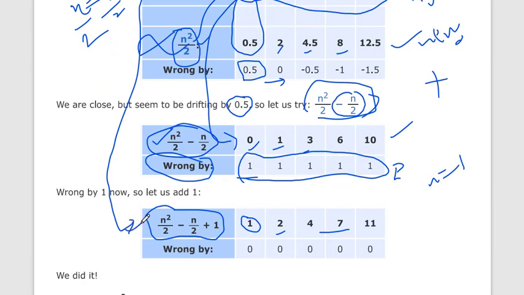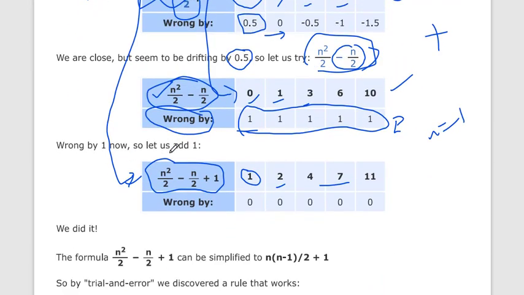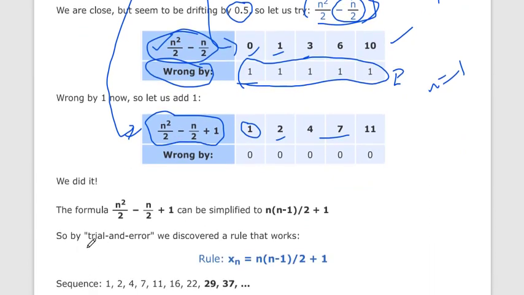So with trial and error you can get the rule of any sequence. You have to use the trial and error method. With this formula, if we take n common, it becomes n by 2 times n minus 1, plus 1.